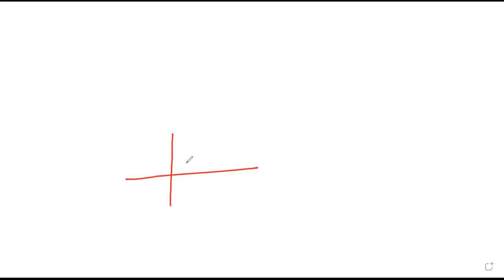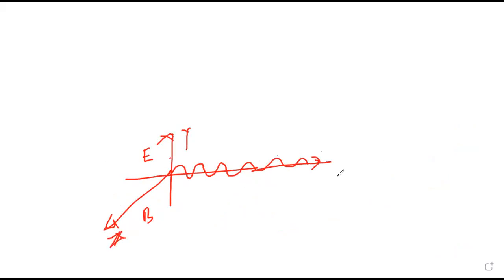From electric and magnetic field, invisible waves are produced. That means disturbance. Those disturbances travel perpendicular to both electric and magnetic field. That means along the z-axis, like transverse waves, are called electromagnetic waves.